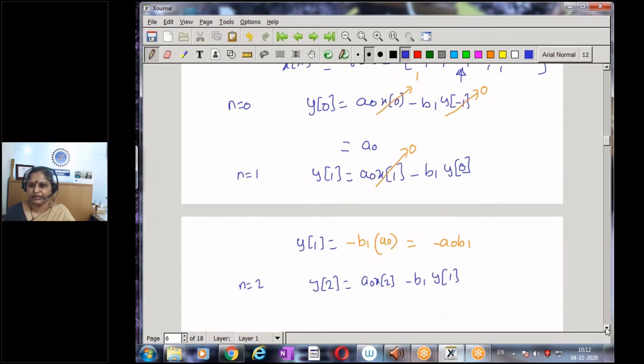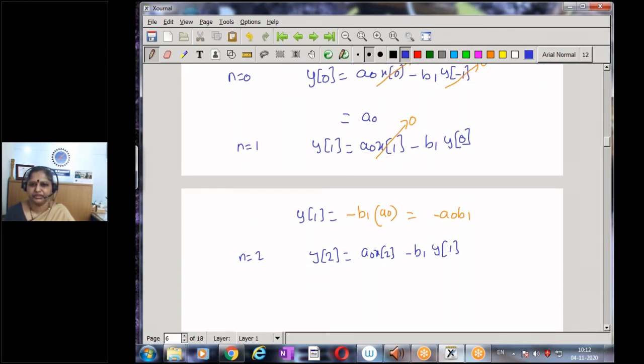And how much is x of 2? X of 2 tends to 0, because my input is a unit impulse function. So this is 0. Then I have minus b1 into y1. And what is y1? Y1 is minus b1 a0. And so that gives me plus a0 b1 squared.